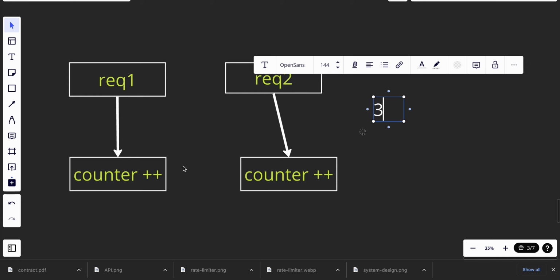So we have two updates, so the counter should be 5, but because they're updating at the same time, the counter will be 4. To solve this, we can use a Lua script and a Redis data structure called a mutex, which is a lock that allows only one client to execute the script at a time.